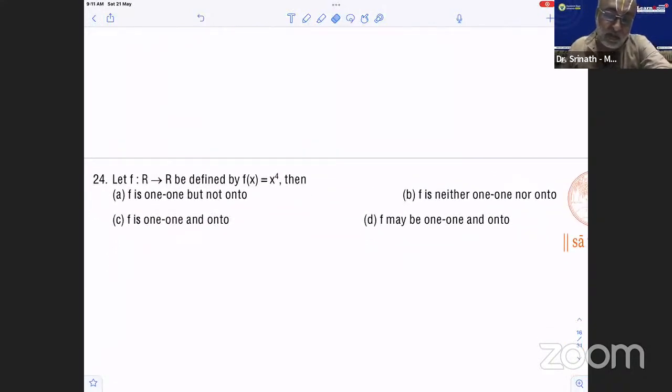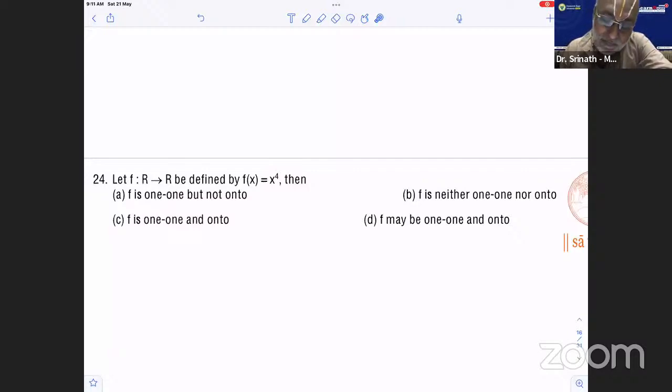Here is a question. F is a function from R to R defined by f of x is equal to x to the power of 4. If you observe this, x to the power of 4, it is x to the power of an even number. So if it is an even number, then it can't be 1-1 because f of -1 is 1, f of 1 is also 1.